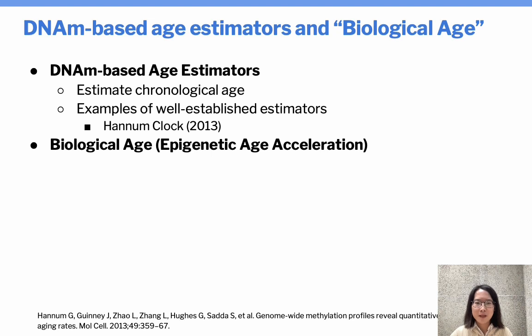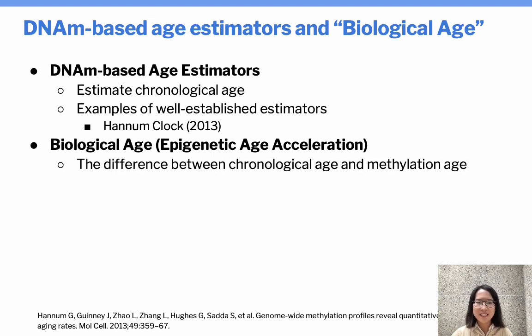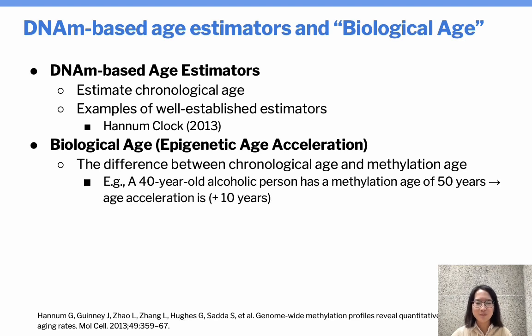Another term, biological age, also called epigenetic age acceleration, is the difference between chronological age and methylation age. For example, a 40-year-old alcoholic person who has a methylation age of 50 years is said to have an age acceleration of plus 10 years.